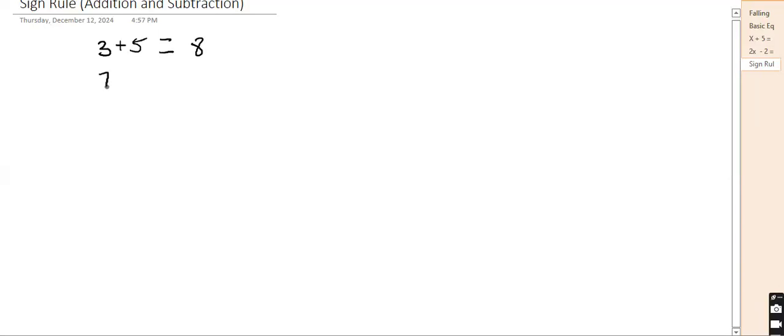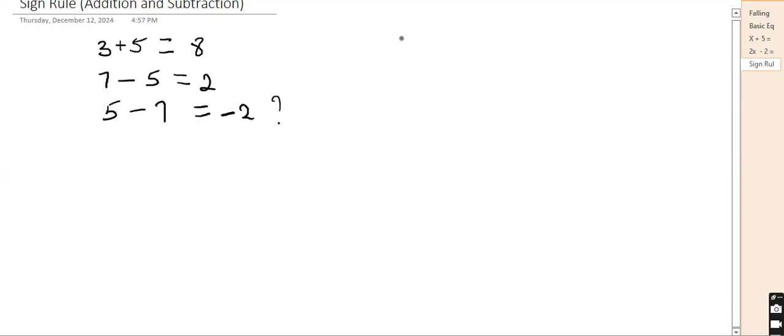Similarly, if I ask you 7 minus 5, someone can tell me that this is equal to 2. But I doubt it, if I ask you 5 minus 7, it's not going to be 2 anymore. Rather, it's going to be minus 2. And the question is, how did we get here?